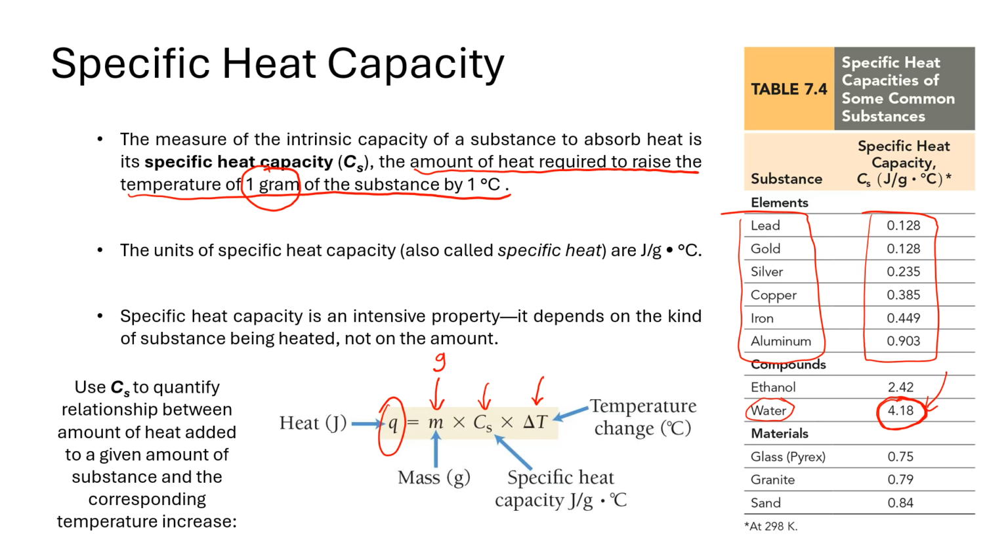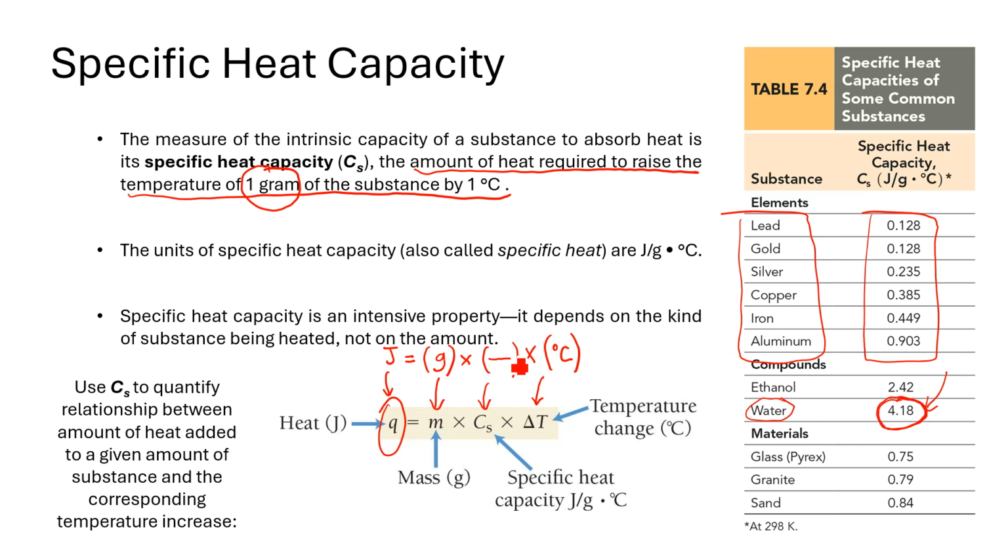So let's say it went from 100 degrees Celsius to 70 degrees Celsius, right? So what's the change in temperature? It went from 100 to 70, so that's 30, right? So a certain amount of change in temperature, which is in degrees Celsius. The specific heat capacity, what should the units be for that? If we know the heat is in terms of joules, joules equals grams times the specific heat capacity times the degrees Celsius.